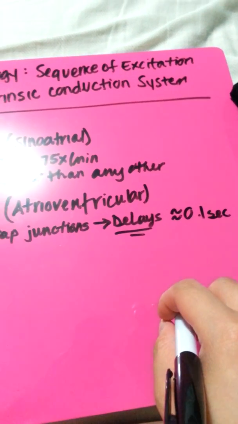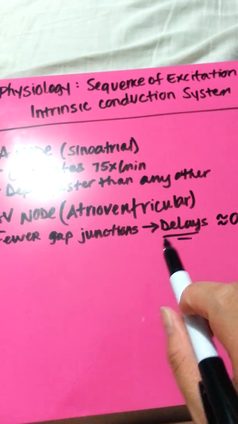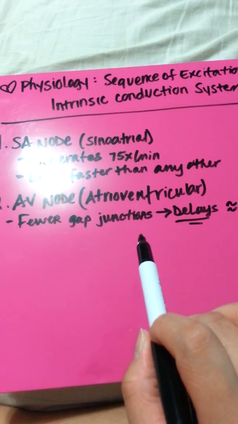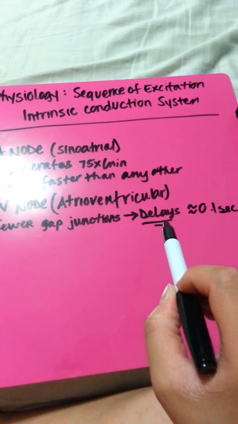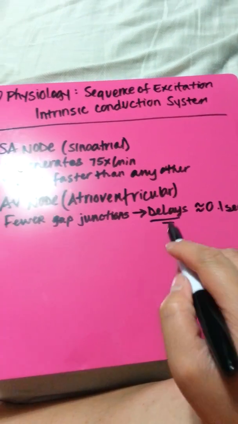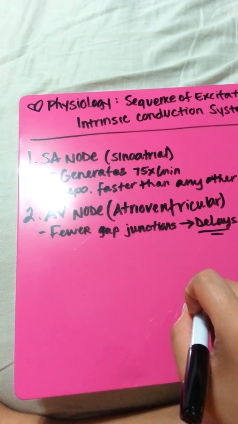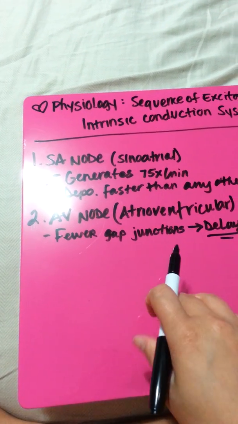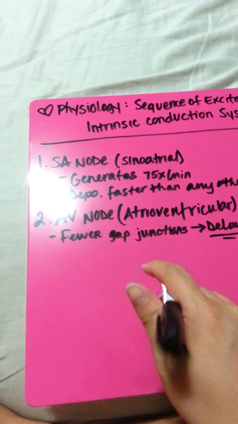Okay, again, the atrioventricular node or the AV node has fewer gap junctions, which delays impulses approximately 1/10 of a second, and it depolarizes 50 times per minute in absence of the SA node input, that is.